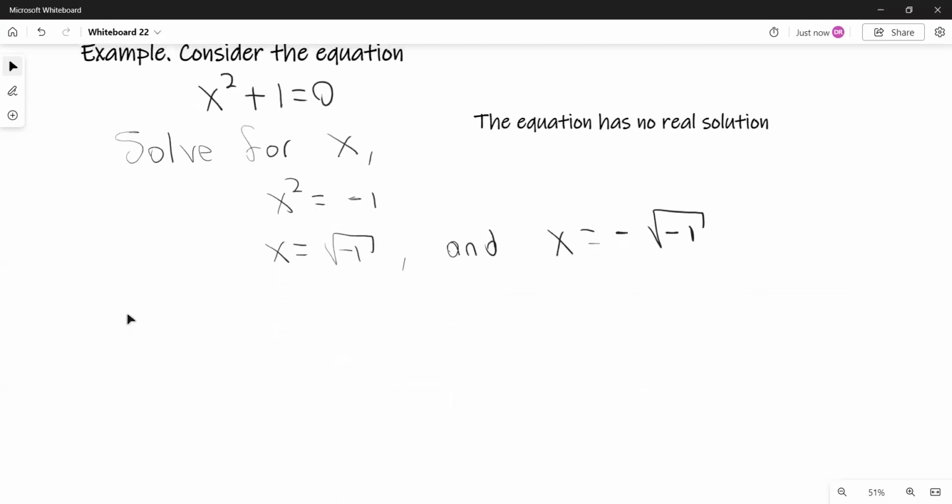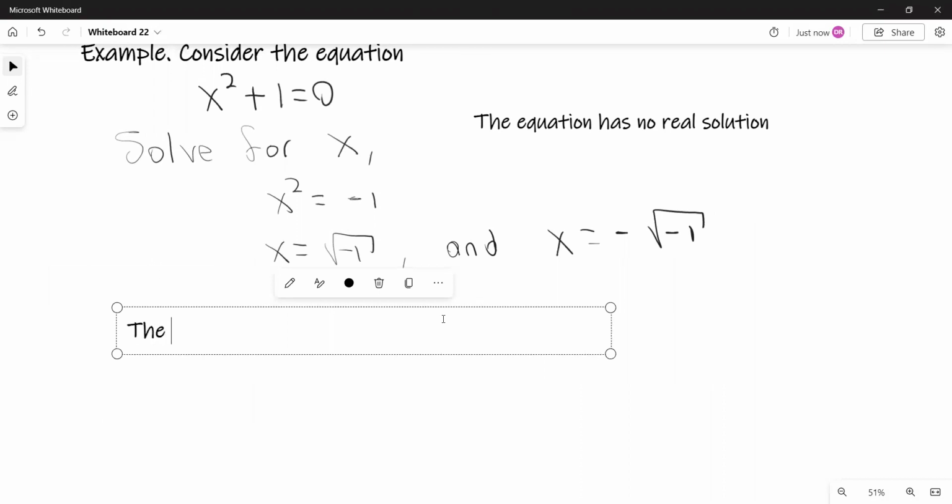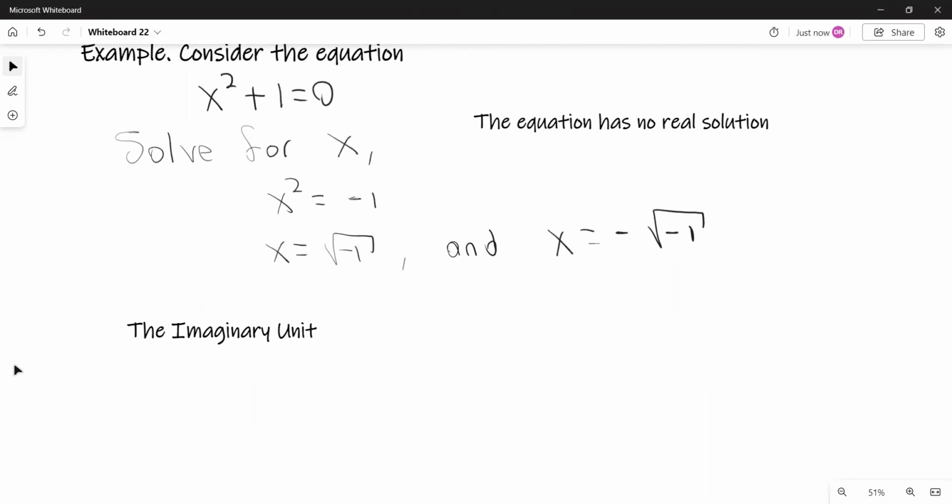So we need to define something called the imaginary unit. I'm going to copy this from the book, from section 2.1. We call it the imaginary unit, and this is denoted with the letter i.